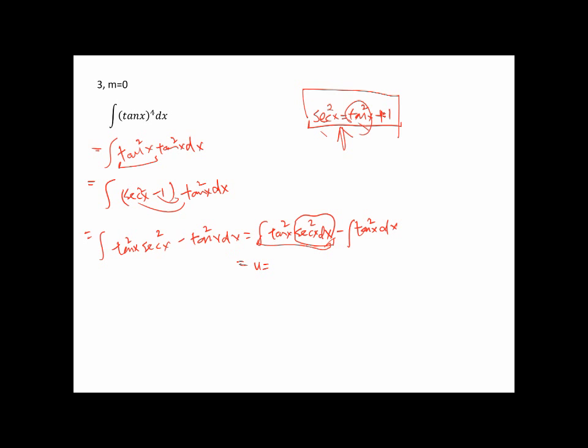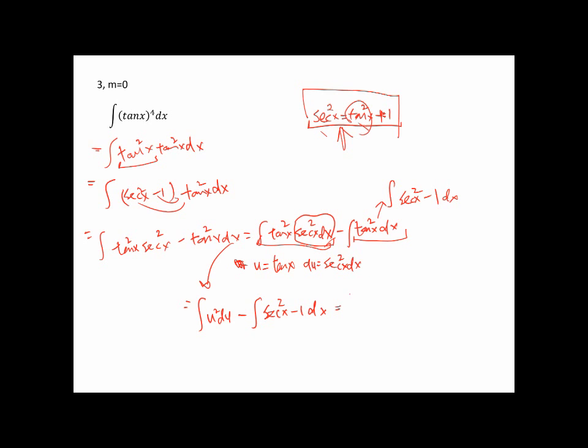So I say u equals tangent x, du is secant x squared dx. For the second part, I use my formula again: secant x squared minus 1 dx. Solving it, the first part is u squared du. The second part is the integral of secant x squared minus 1 dx.